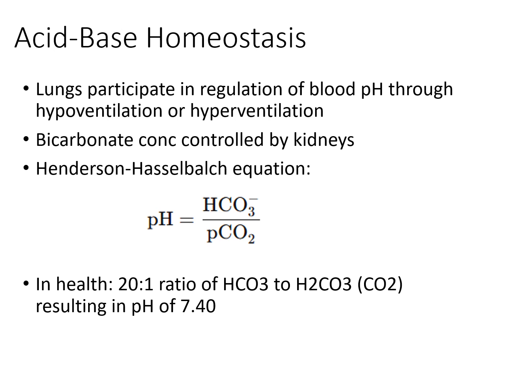Acid-base homeostasis. So the lungs regulate blood pH by controlling ventilation. Hypoventilation decreases pH, acidosis, by retaining carbon dioxide, and hyperventilation increases pH, alkalosis, by eliminating carbon dioxide. The kidneys control bicarbonate concentration in the blood by reabsorbing or excreting it.